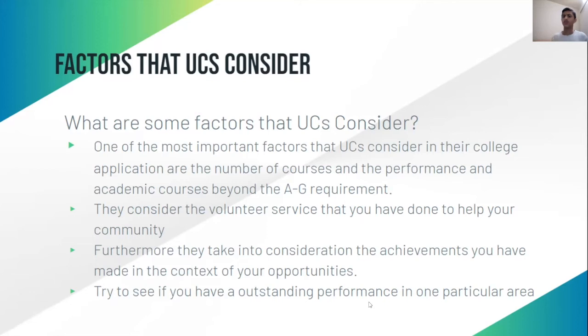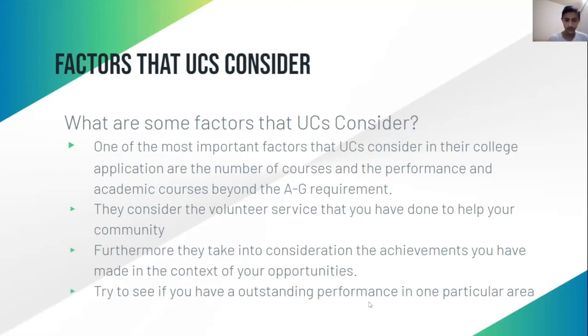Let's say this student was in Science Olympiad or the Chemistry Olympiad, won numerous medals in chemistry competitions, is always conducting research, and has gotten a paper published on chemistry. That shows the student has mastered chemistry and shows the impact they've created. Something like that shows your outstanding performance in a particular subject or area, which looks really good on your college application.